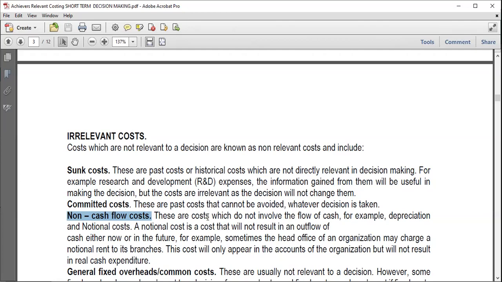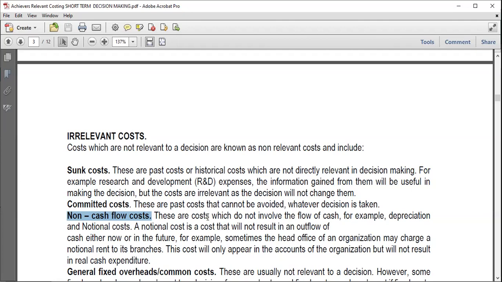Now that cost will be notional in nature, because in reality, this branch is not going to make this payment. You get it? But it is notional because we're just using it for performance evaluation, to see if each branch was paying 10% of this salary, what would really happen?